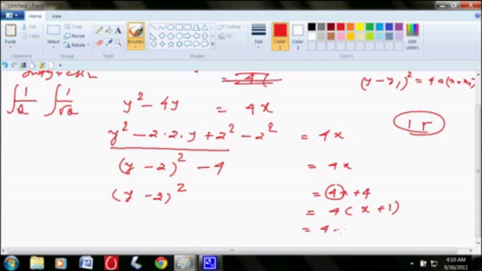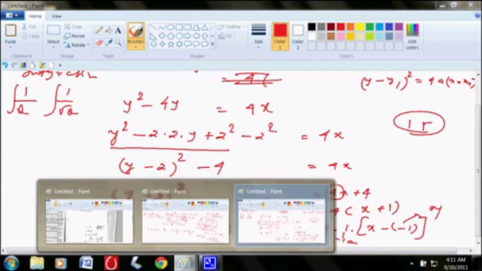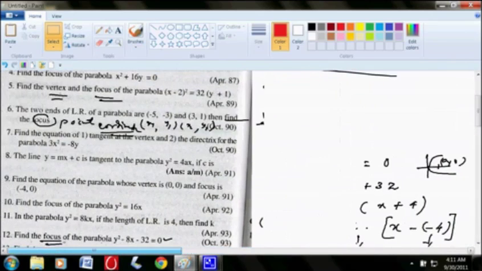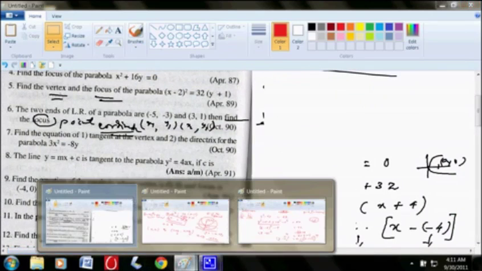I can write this as 4 into 1 into x minus of minus 1, and here it is. This is your y1, this is your a, this is your x1. Whatever is being asked you can get. Find the focus.